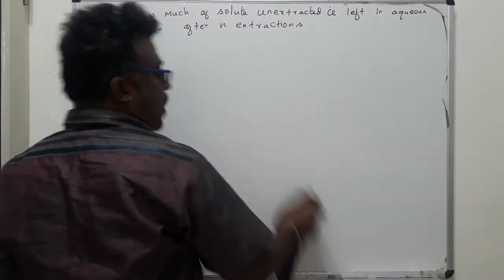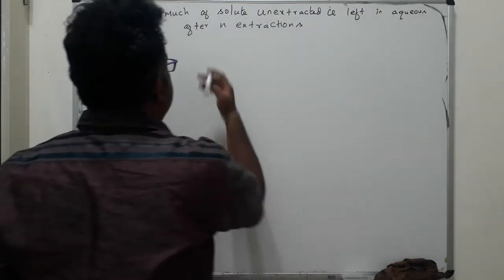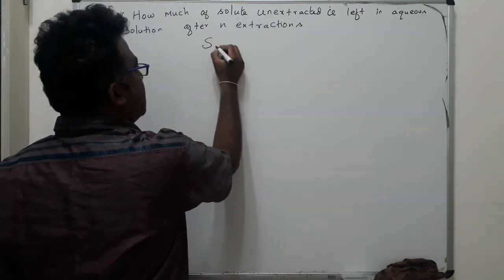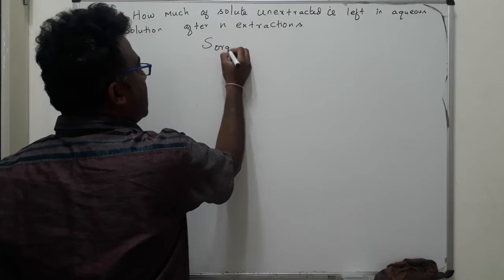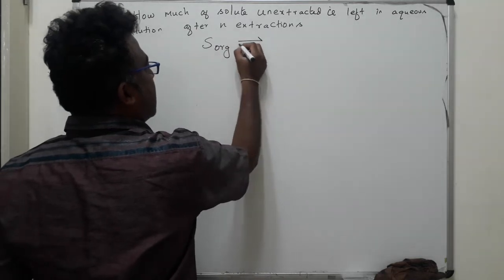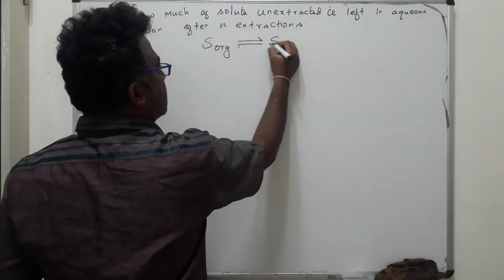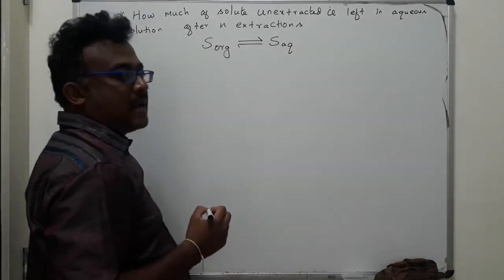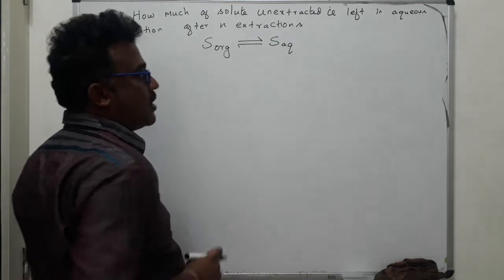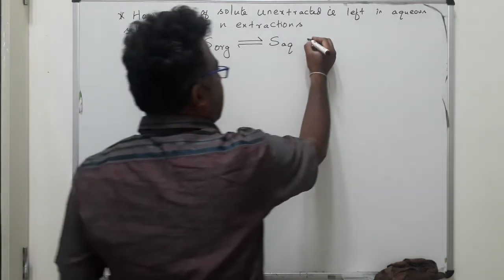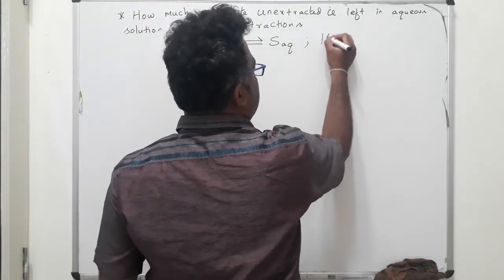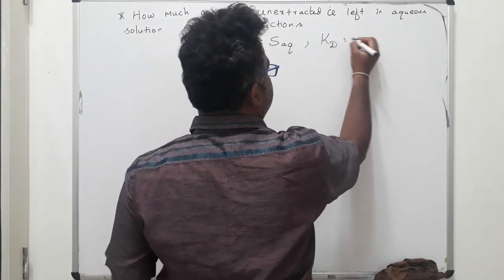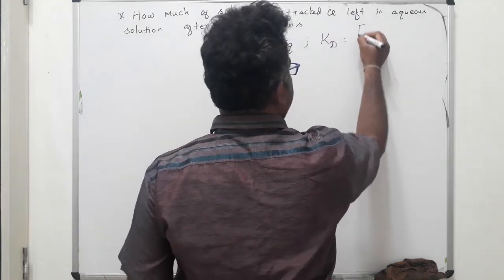For example, you have a solute. That solute exists in equilibrium between organic versus aqueous phase. Solute is distributed between organic and aqueous phase. For that case, we can write the simple equilibrium or distribution coefficient that I have discussed in the last class also.